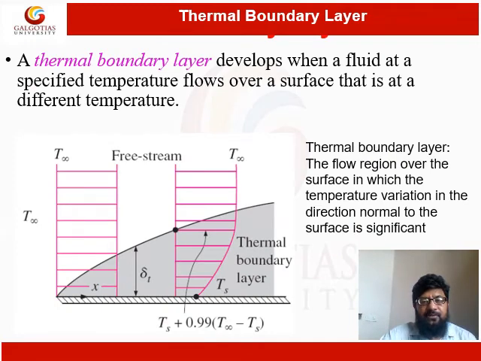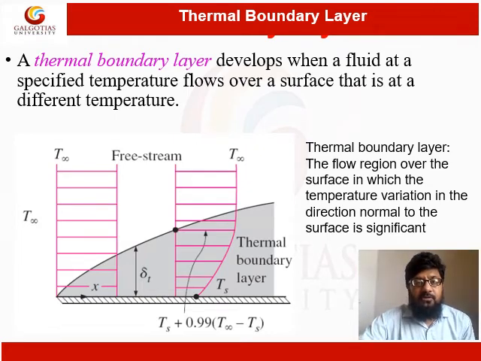Next important topic is the thermal boundary layer. We know that the hydrodynamic boundary layer develops because of the viscosity, a physical property of the fluid. But the thermal boundary layer develops when a fluid flowing over a surface comes into contact with a surface which is at a different temperature.